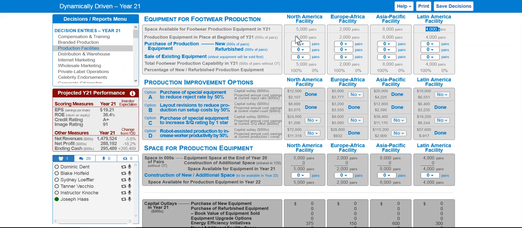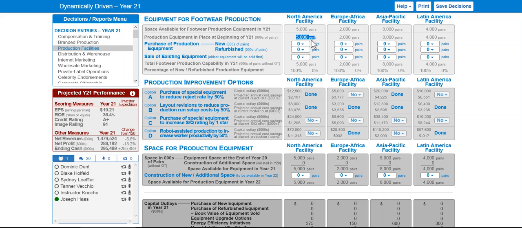The number under here is what equipment we have. This is something that all the other teams really took a long time catching up to. I'm not sure that they all really came close to what they should have been, but if you have a 5,000 square foot factory in North America, let's say, you don't want to have just equipment for 2,000.